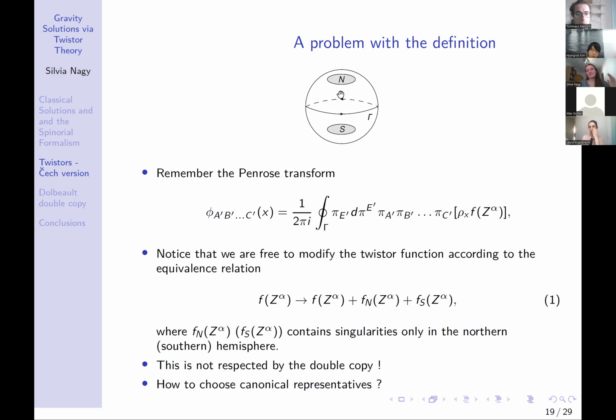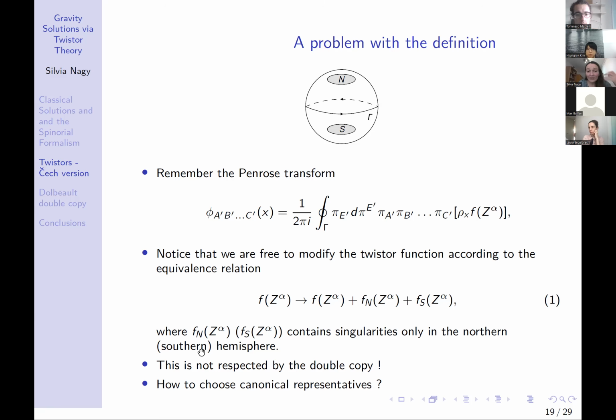And then similarly, if I look at the south part, I can choose things that only have singularities in the other part. So I can always add things, and these guys are obviously not necessarily 0. They can be valid functions. It's just that in the first case, they don't have any poles in the northern hemisphere. However, then when I integrate, I get 0. So from the space-time perspective, I don't see these guys at all, right?